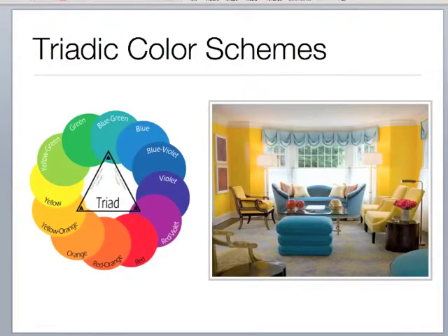We're going to finish off this video with looking at a couple of different color schemes that you can explore. This one is a triadic color scheme using 3 equally spaced colors on the color wheel, and you'll notice that they point to tertiary colors: blue-green, red-violet, and yellow-orange. And these have been used to nice effect in this interior design setup here.